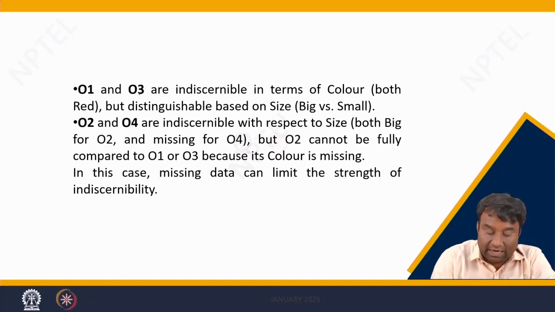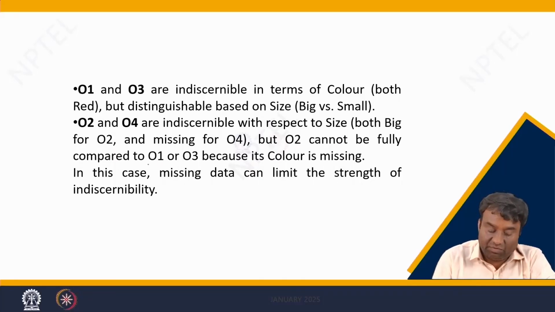So O1 and O3 are indistinguishable in terms of color because both are red, but distinguishable based on size, big versus small. Object 2 and object 4 are indistinguishable with respect to size, both big for O2 and missing for O4.